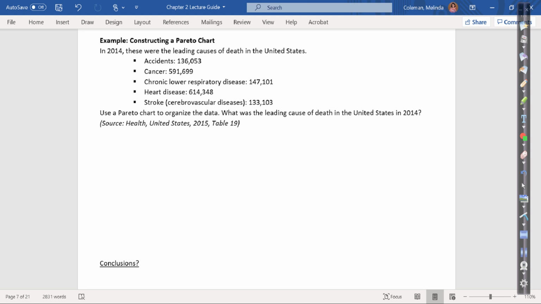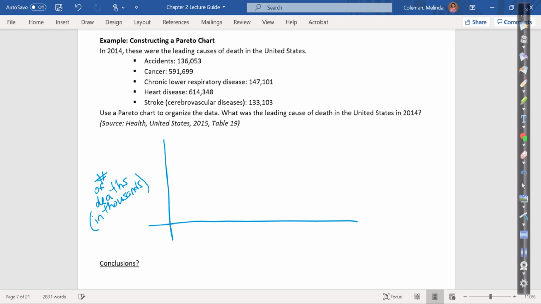And so if we set up our table, along the x-axis again is going to be the categories. Along the y-axis is going to be, in this case, the number of deaths. And you really should say that it is in thousands, because I'm not going to be able to put all of these numbers on the chart.